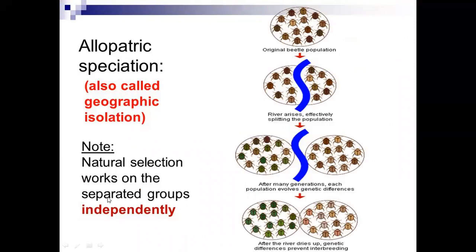Natural selection works on these separated groups independently. See here, original beetle population, due to formation of a river, population gets separated from each other. After many generations, variations or differences take place in both of the populations, and they cannot interbreed among themselves.